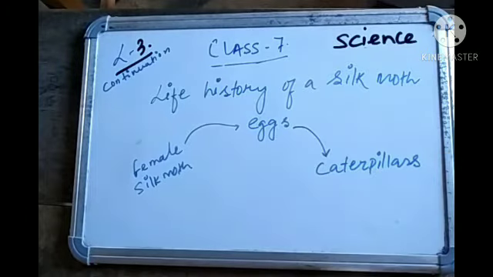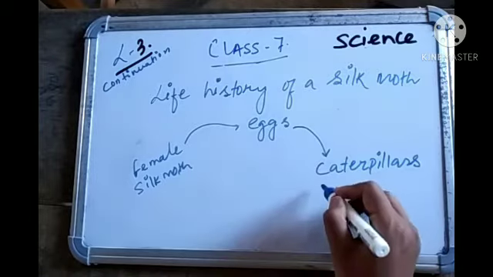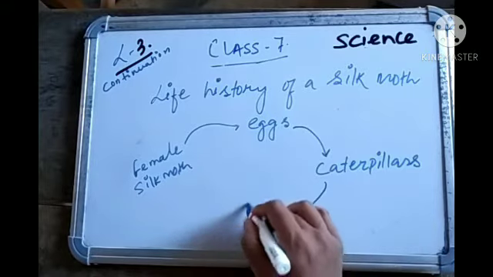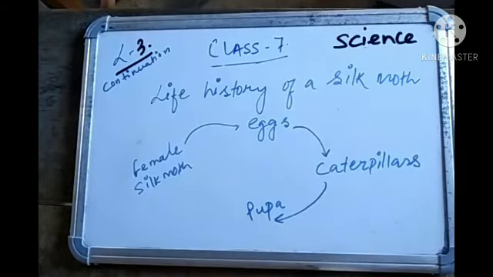Caterpillars are also called silkworms. Caterpillars grow in size, and when the caterpillar is ready to enter the next stage of its life history, called pupa, ready.